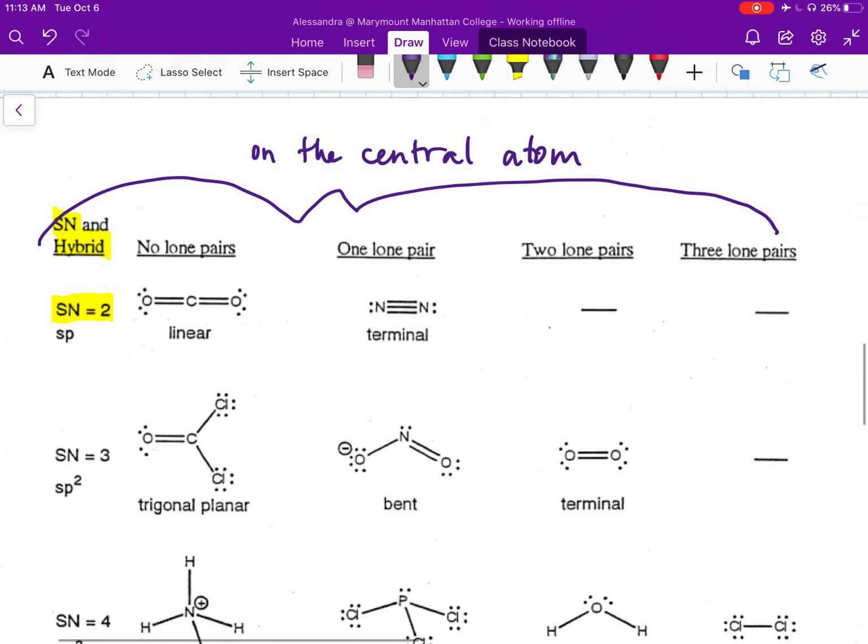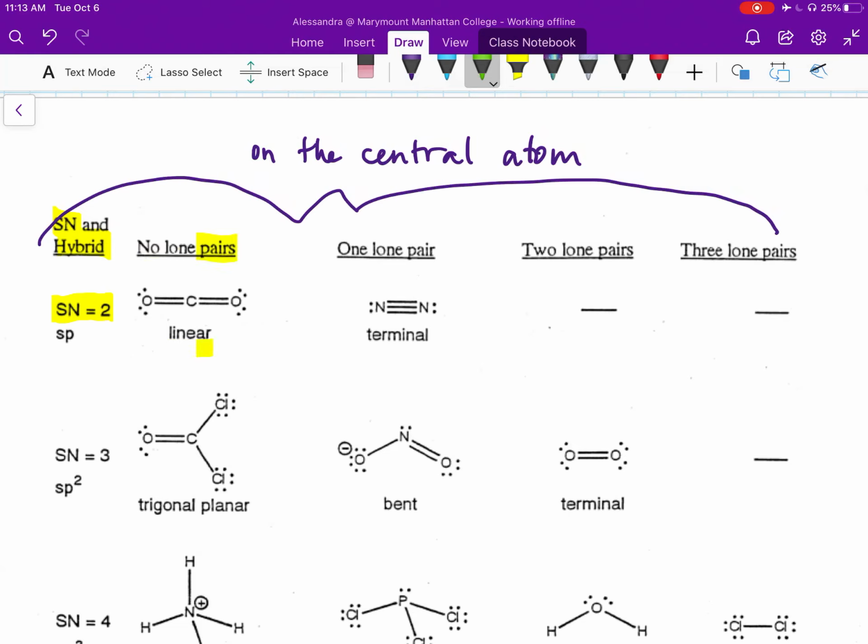So looking at the first row, when the substituent number is 2 and there are no lone pairs around the central atom, for example, in carbon dioxide here, then you have a linear geometry around the molecule. Now remember, this is all based on electron pair repulsion.